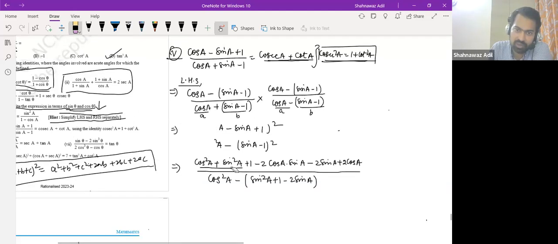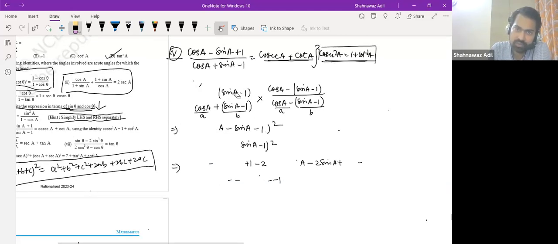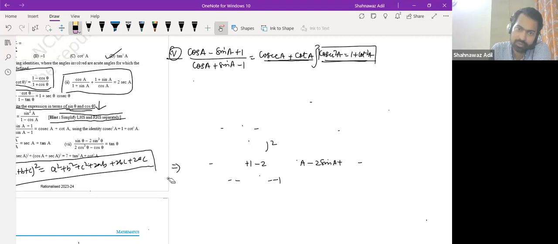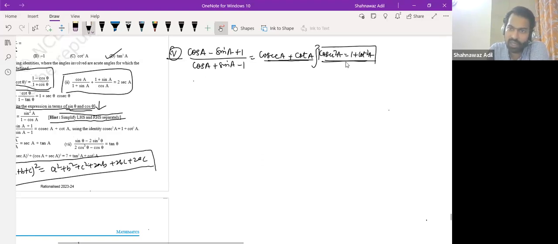So what can we do to use this one? Remember, we have to use this identity, right?